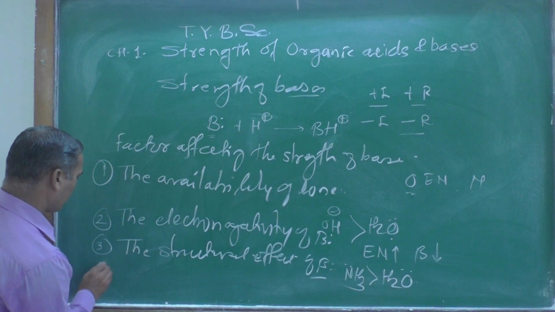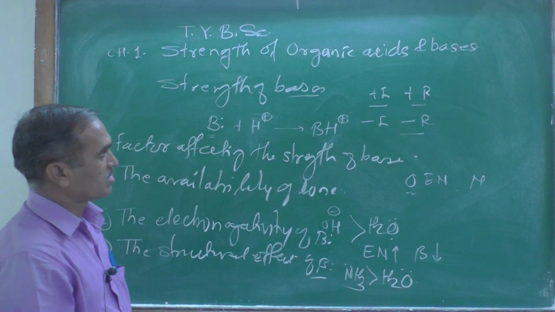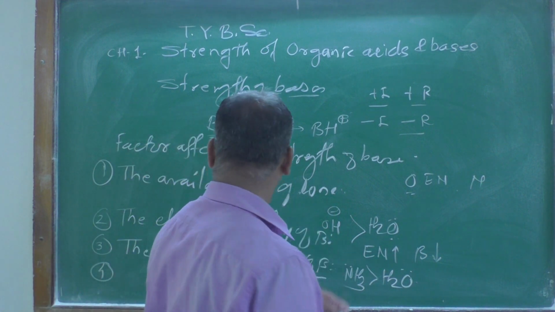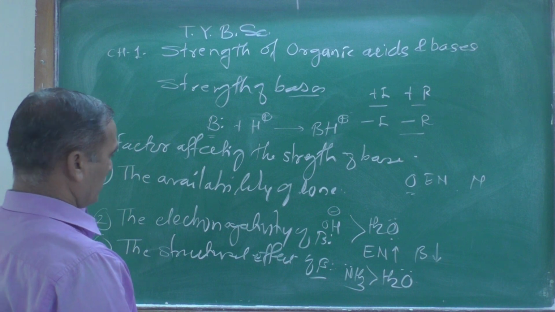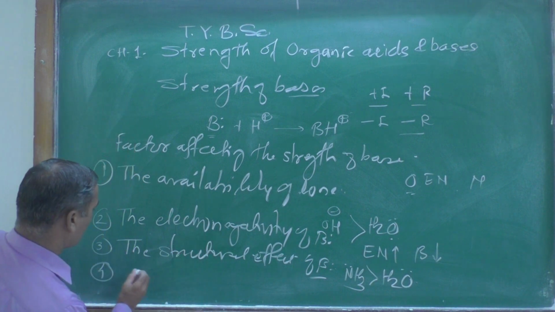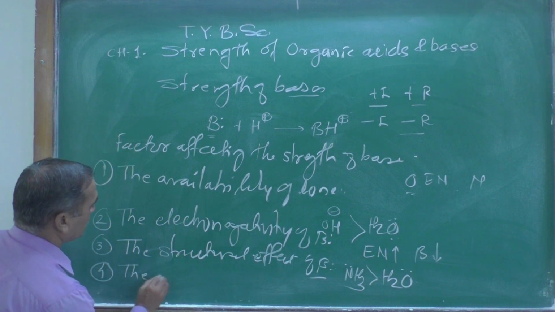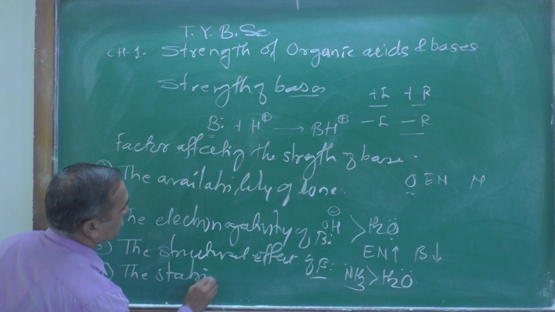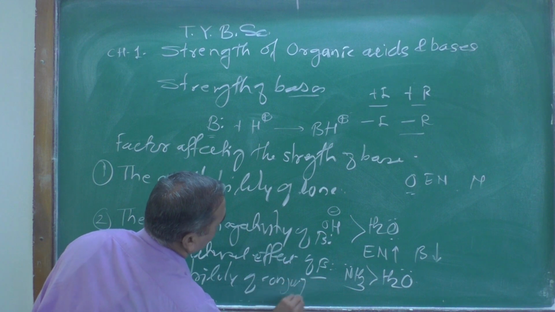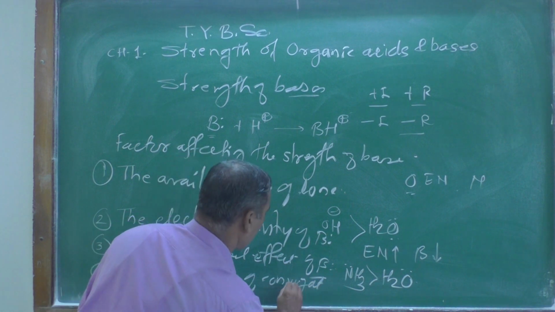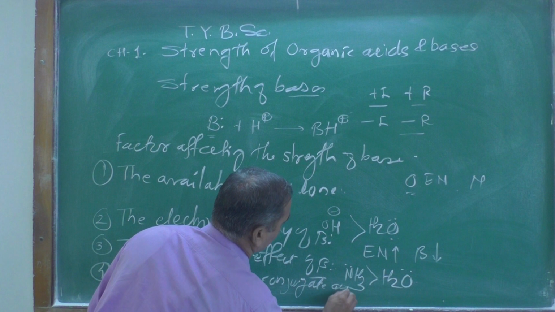Now the fourth point, what is the fourth point to discuss here? The fourth factor is the stability of the conjugate acid.